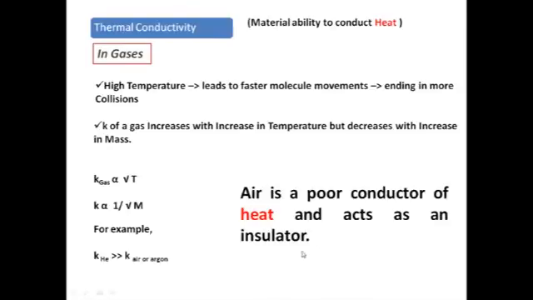Conduction can occur in solids, liquids and gases. Conduction is highest in solids, relatively low in liquids and least in gases. Therefore, gases can be used as insulators. For example, air is the best insulator.